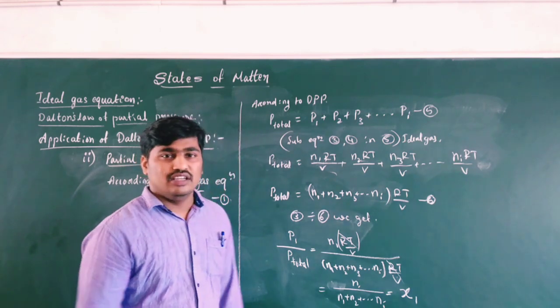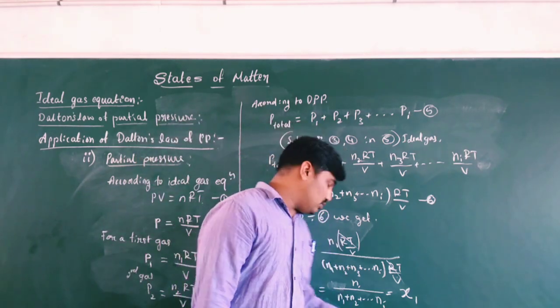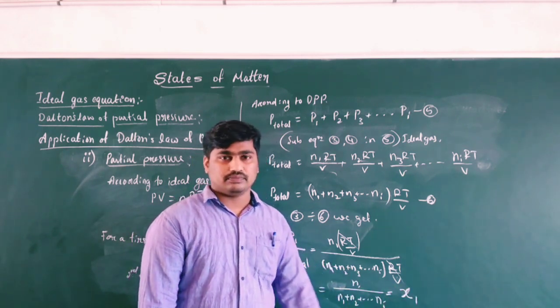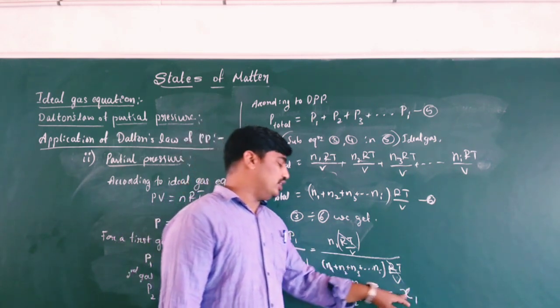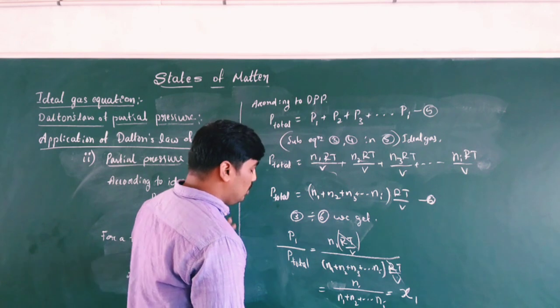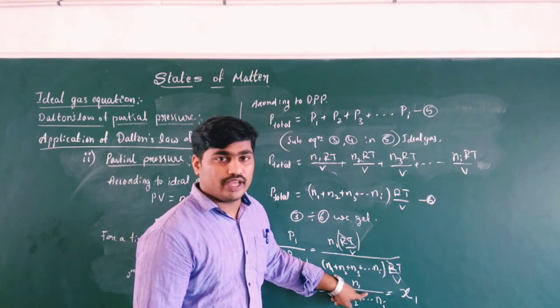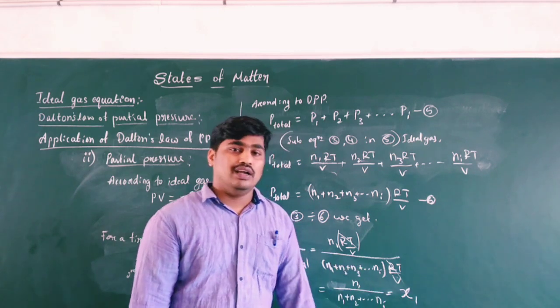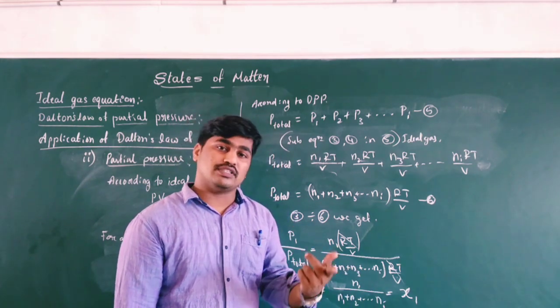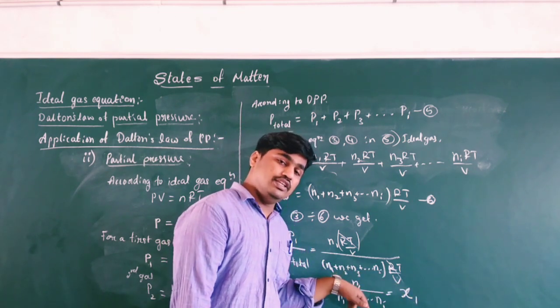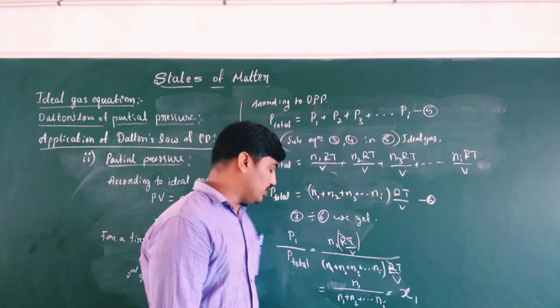Mole fraction is defined as moles of a gas divided by the total moles. So here N1 is the first gas, therefore chi1 is the mole fraction of the first gas. If we use N2, it is chi2; if N3, chi3, like that.